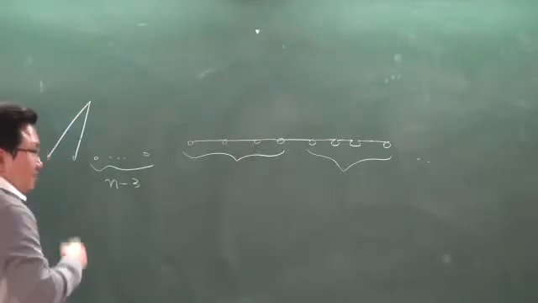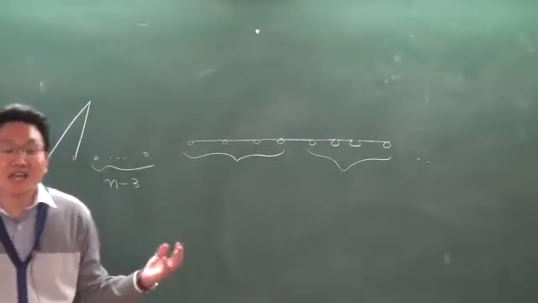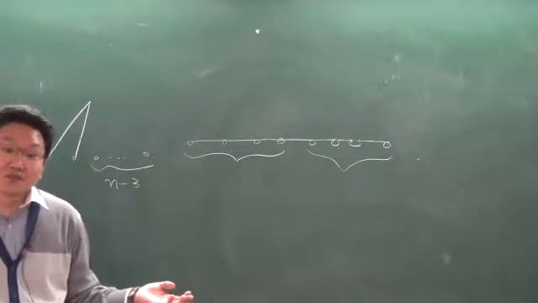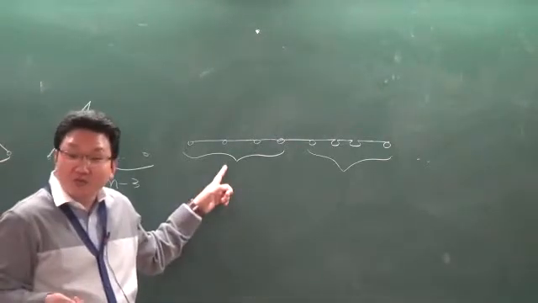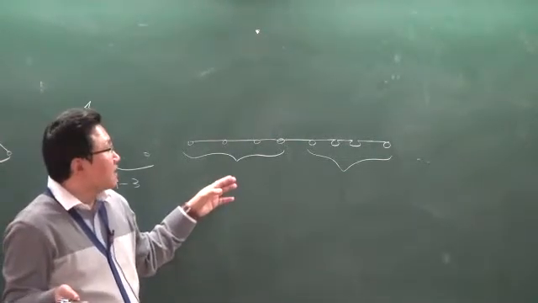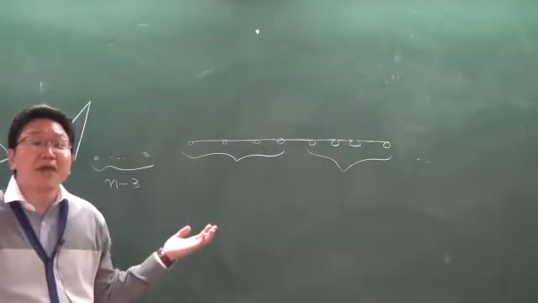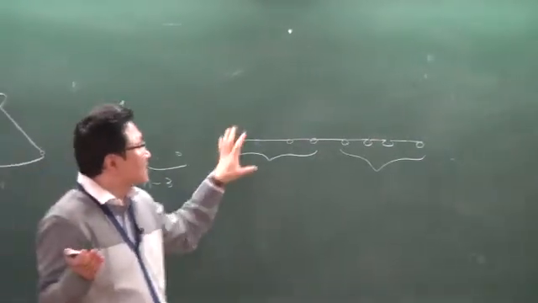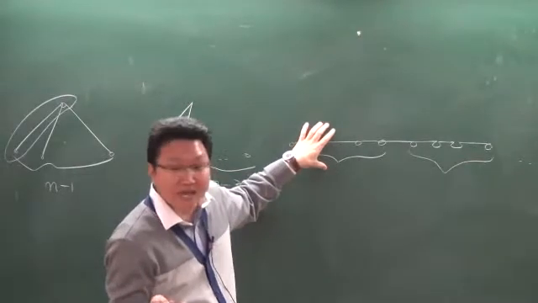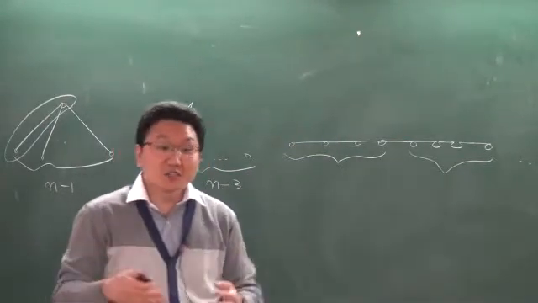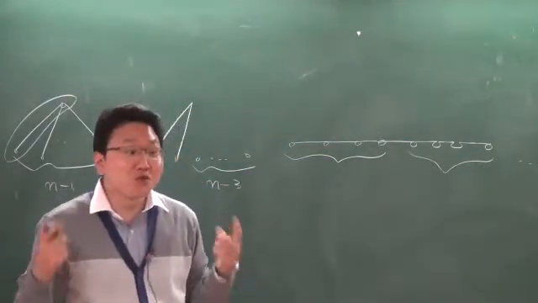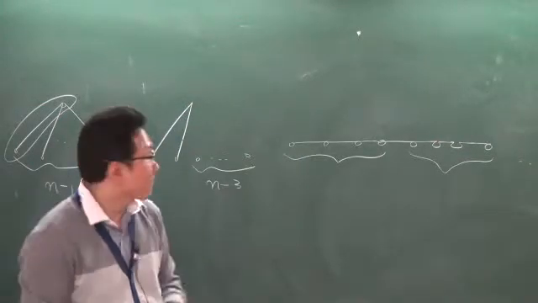And if there is a total dominating set with size less than n over 2, then there is some path with 4 vertices such that the intersection of this path and the total dominating set has at most 1 vertex, right?